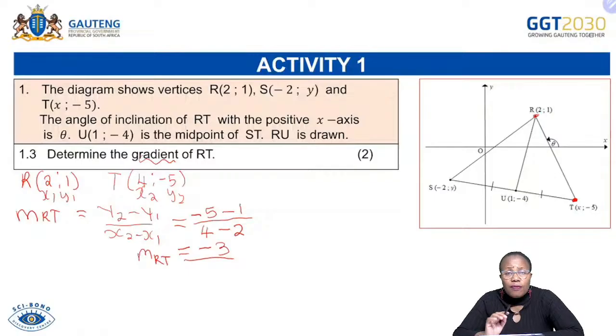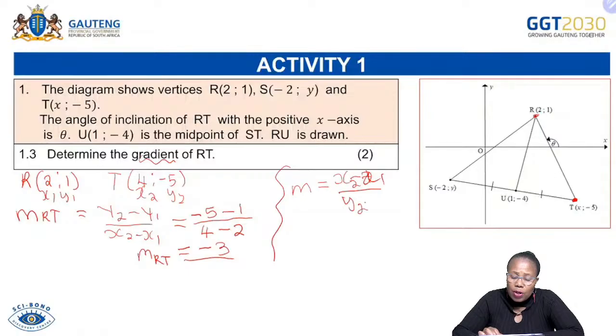So now grade 12, the mistake that you do on this question is you write this gradient wrong. For the gradient formula, you start with the X2 minus X1 on top, and then you bring Y2 minus Y1 on the denominator. That is incorrect. The other mistake that you do, you say Y2 plus Y1 over X2 plus X1.